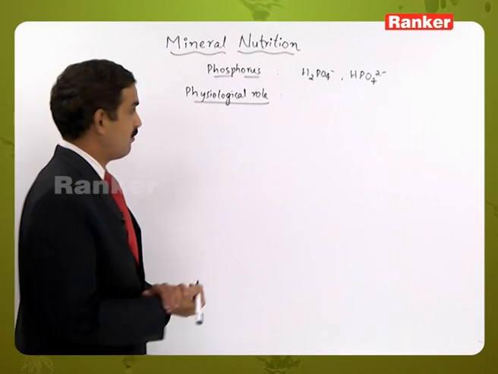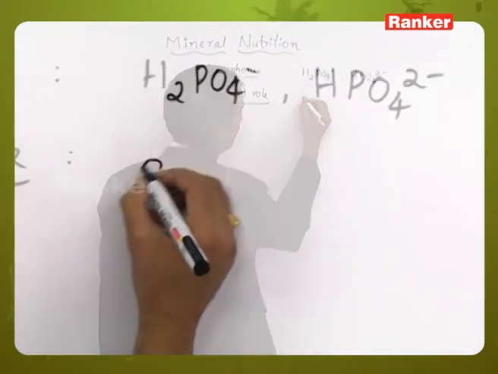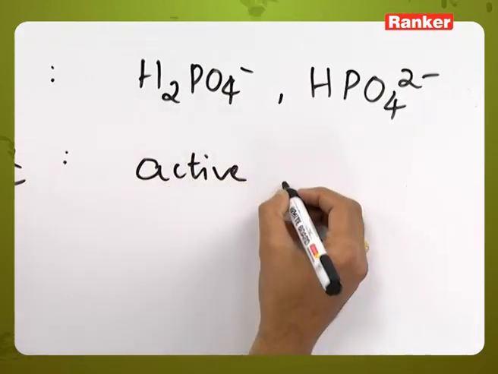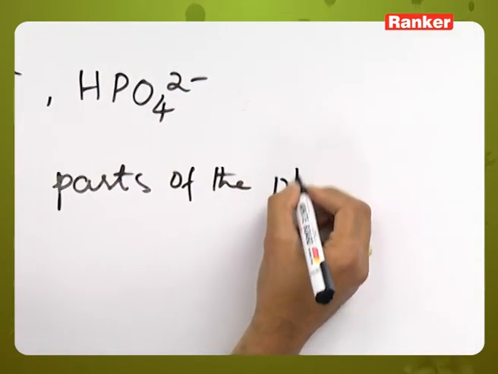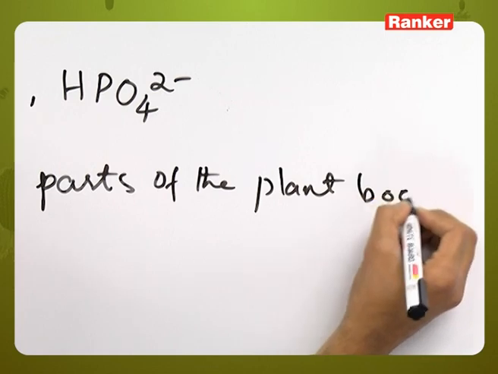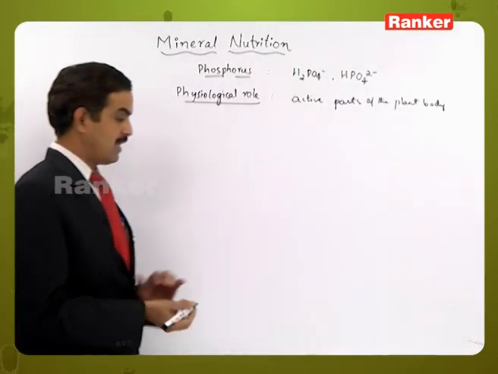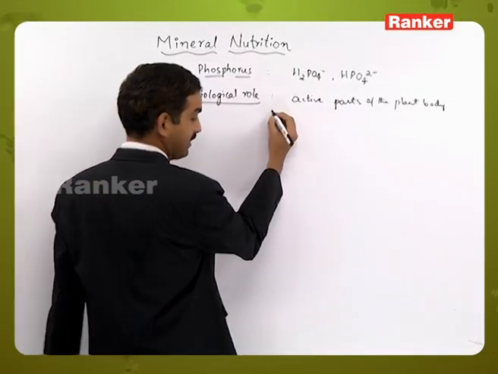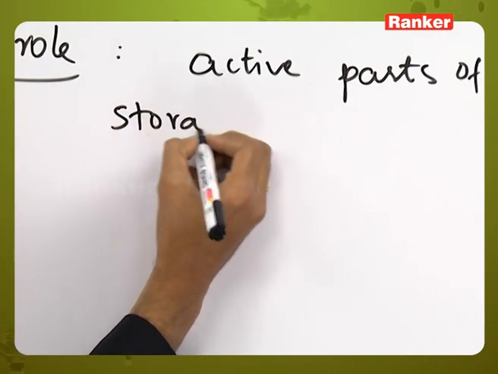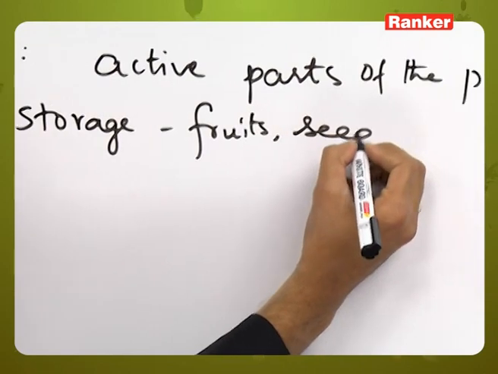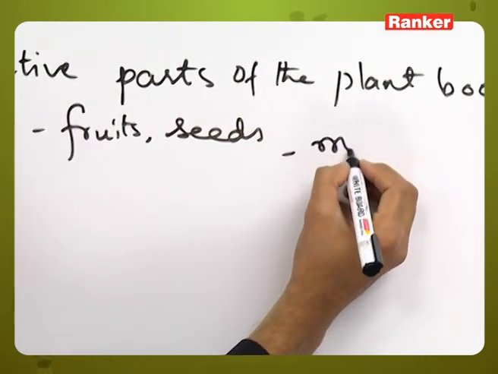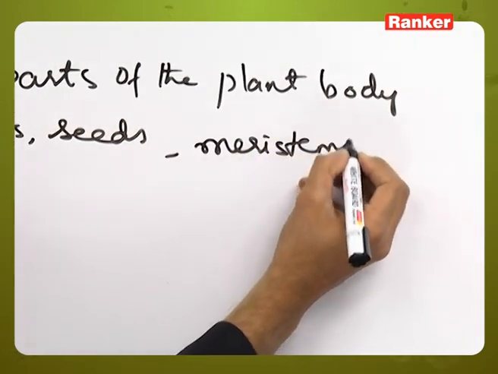Phosphorus is present in the active parts of the plant, and also in the storage organs like fruits, seeds, and also in some of the meristems.